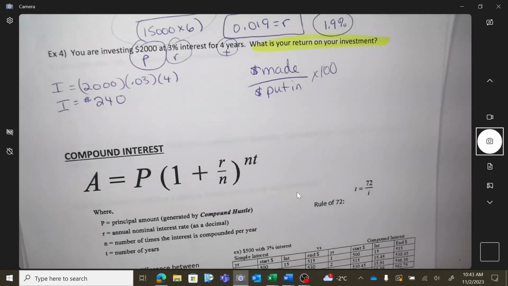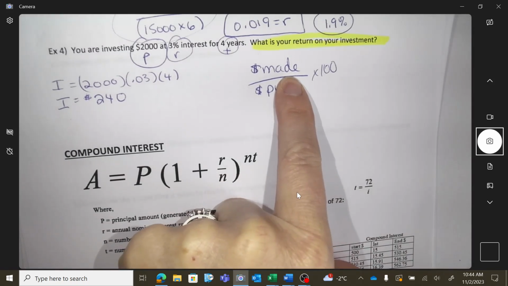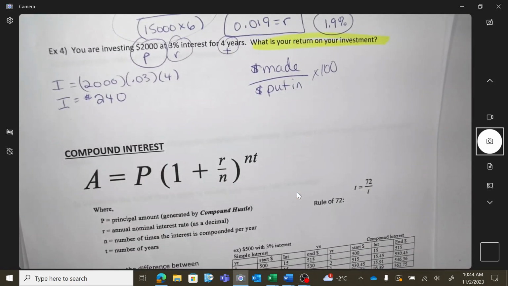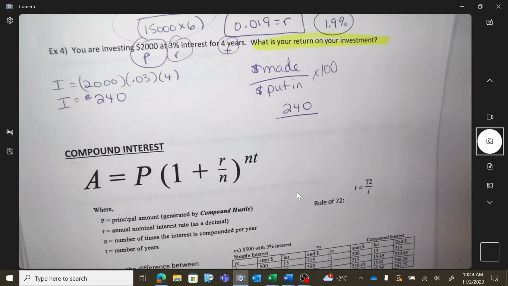You've maybe heard the saying, what's the return on your investment? Maybe you've heard that in life. Stocks could be a big return on your investment or a bad return on your investment, right? So how much money did we make that wasn't mine? $240 is what I made.